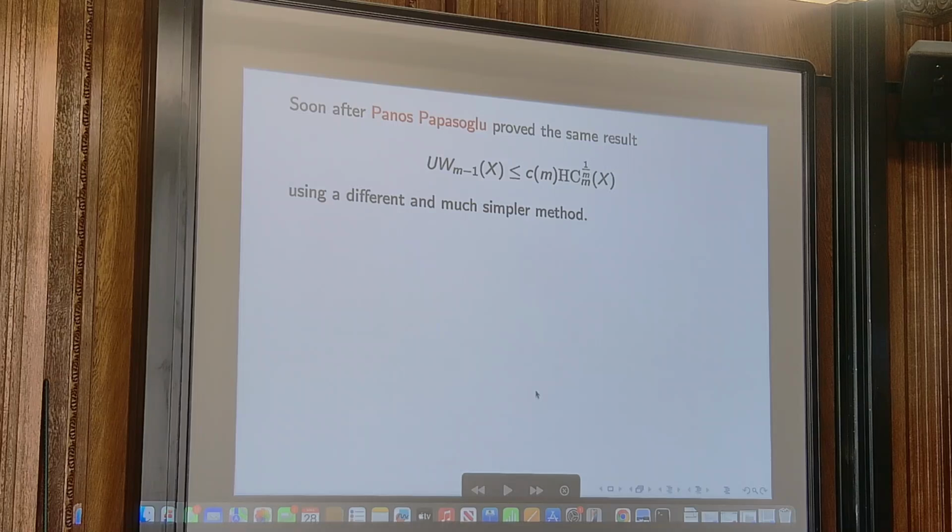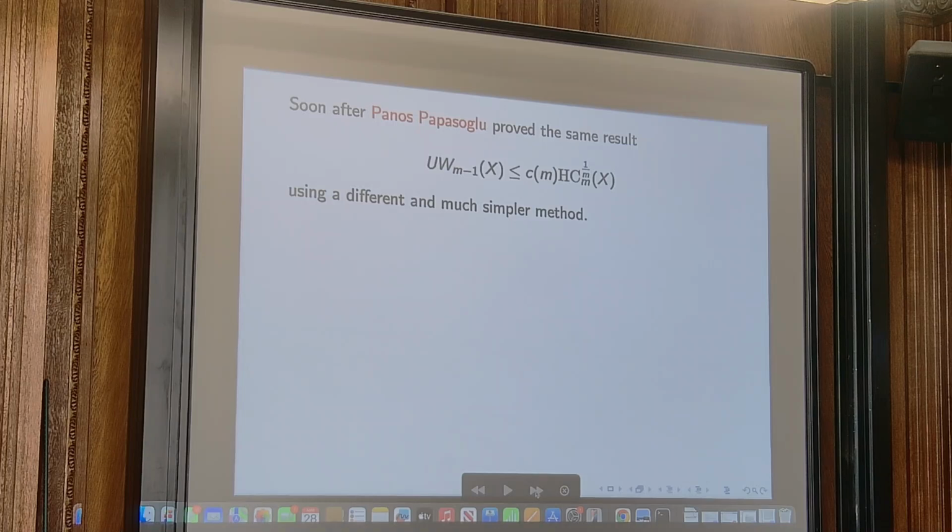So far, the methods used by Gromov, then a famous simplification of Gromov's proof by Stefan Wenger, then Larry Guth, and then us, used more or less the same general strategy with some variations and some tricks. But Panos's method was completely and totally different, much easier.